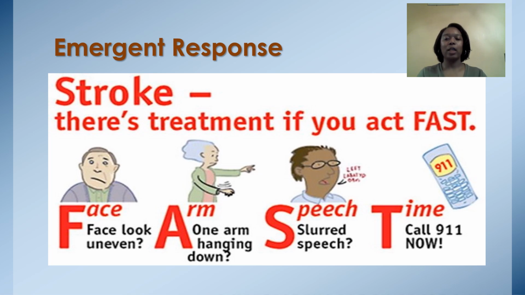T stands for time. So it is important to remember that it is an emergent event and you must act now.